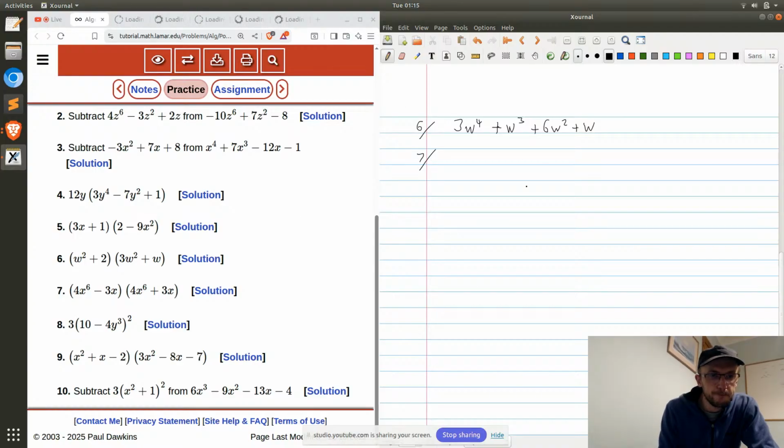Here, 16x to the 12 minus 12 plus 12, so they cancel out. This is the difference of two squares pattern. So minus 9x squared right there.